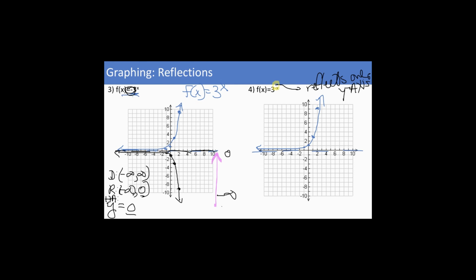So this point stays the same. But this point over here gets reflected across the y. This point gets over here. And then this point is now over here. So it's going down like a slide. This is also what an exponential decay graph looks like.